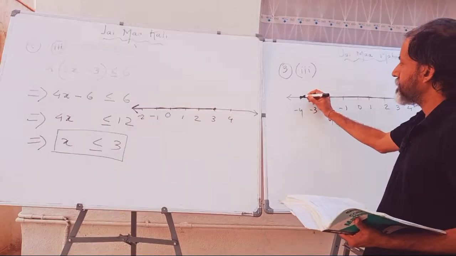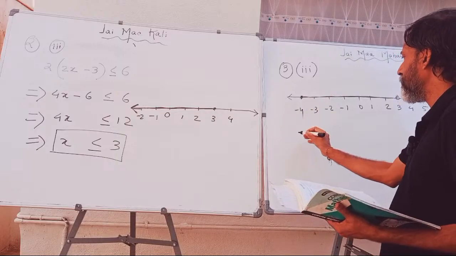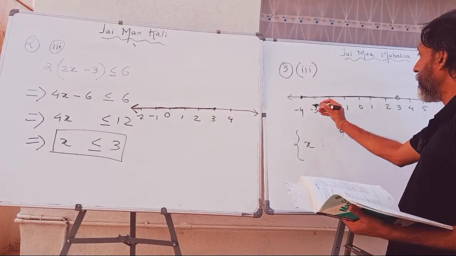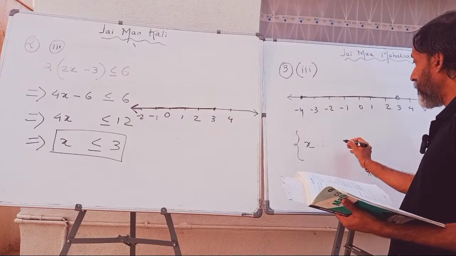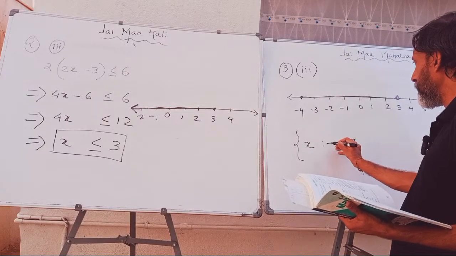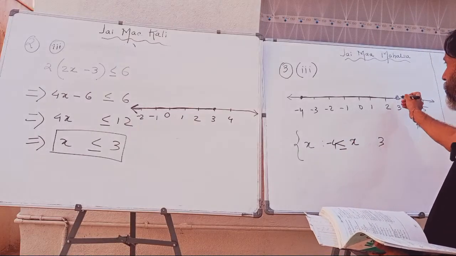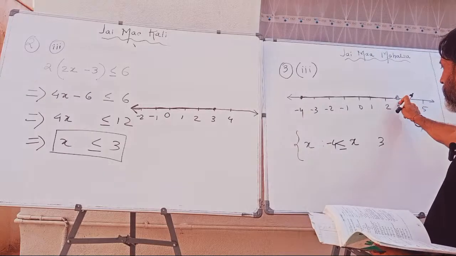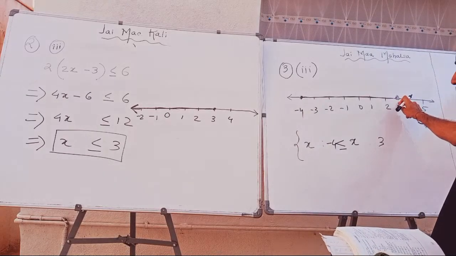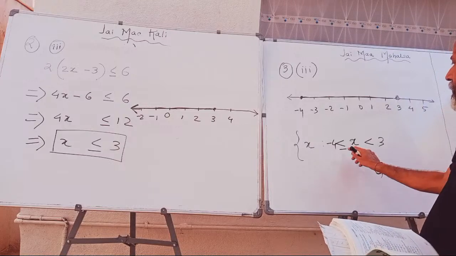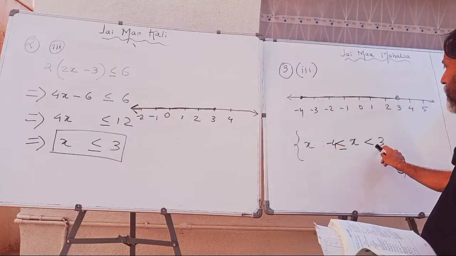Now clearly, as you can see, this is a solid circle, right? Solid means it is inclusive, so x is greater than or equal to -4, and it is bounded between -4 and 3. At 3 it is a hollow circle, so clearly 3 is not included. So x is any value between -4 and 3.